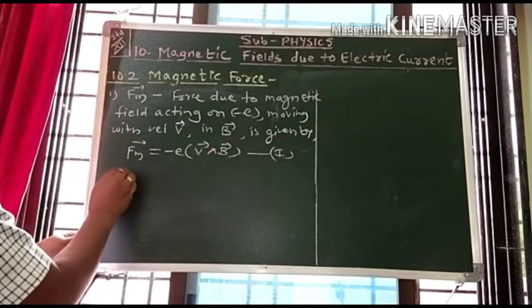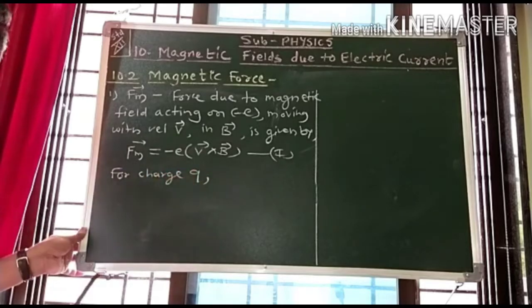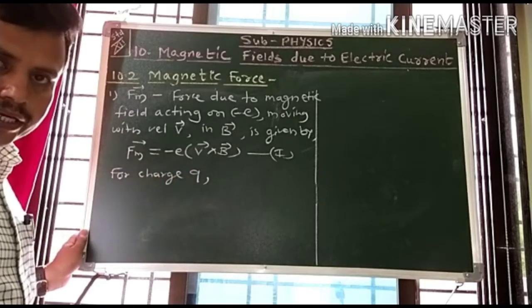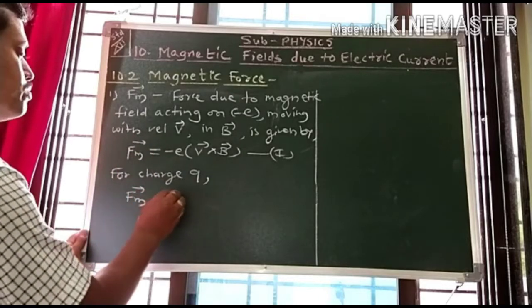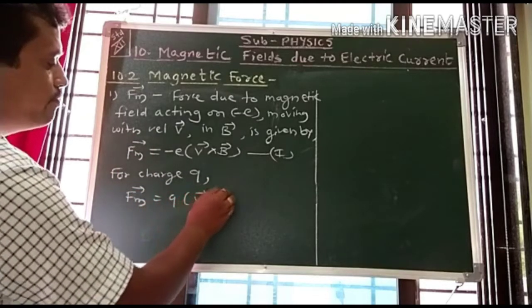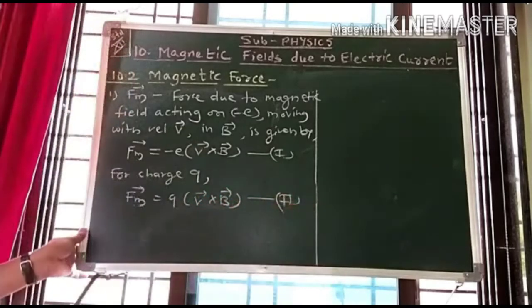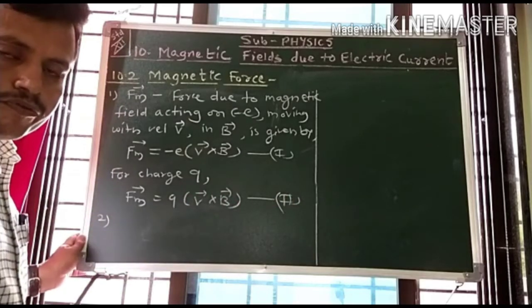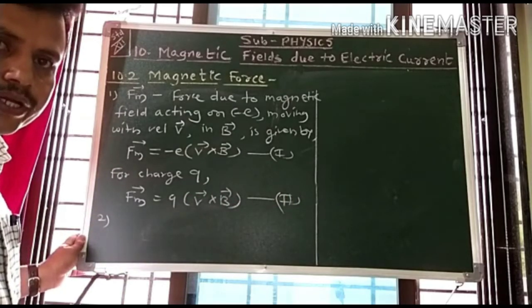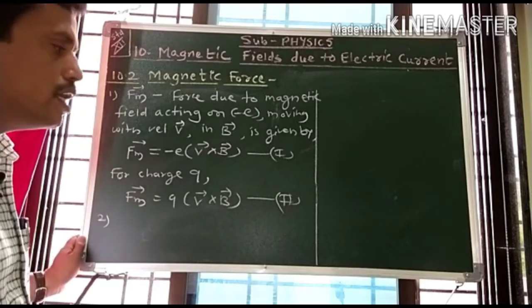Now for the charge Q moving with velocity v in external magnetic field B, the magnetic force can be written as vector Fm equal to Q into bracket vector v cross vector B. This is equation number 2. Now what will happen when the charge is moving in the presence of only electric field E? The electric field will also apply a force on the charge.